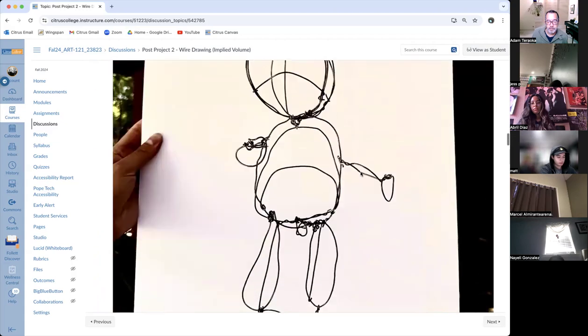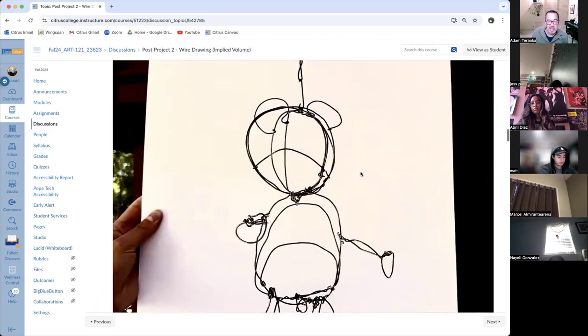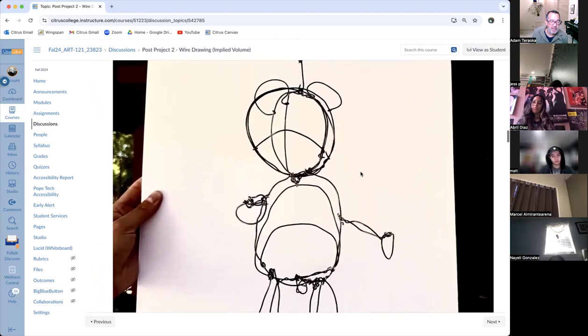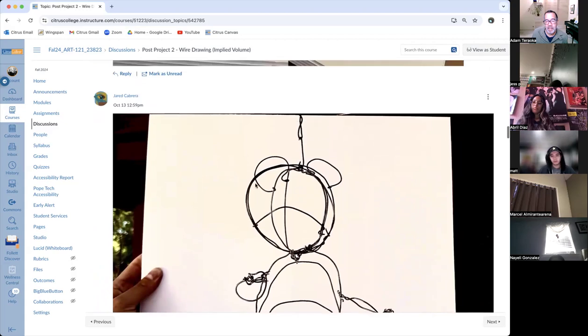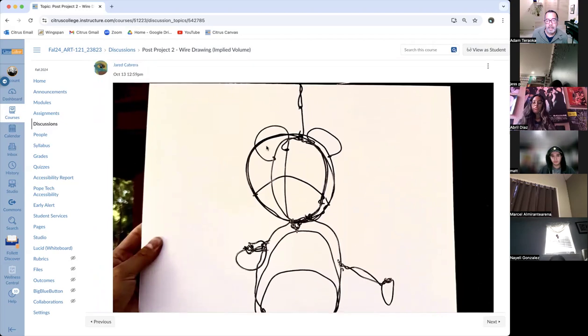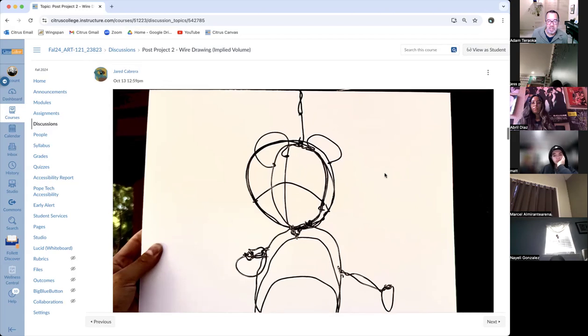All right. This is a bear, I think. There is implied volume here. It's very simple, right? I was telling you guys, if you want to just take the exercise and reconfigure them into your project, that's okay with me.